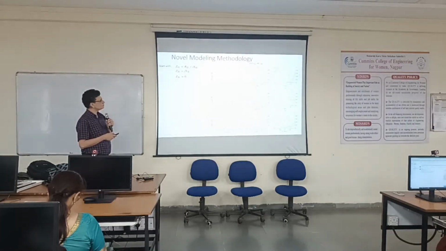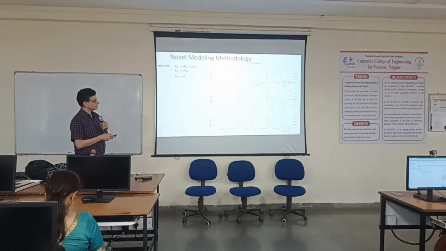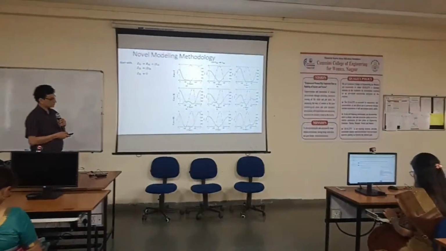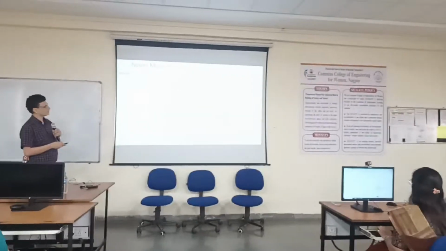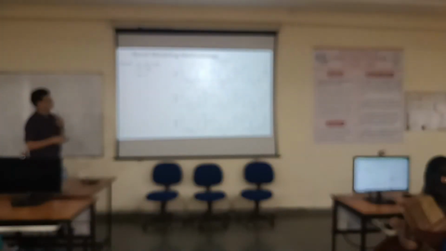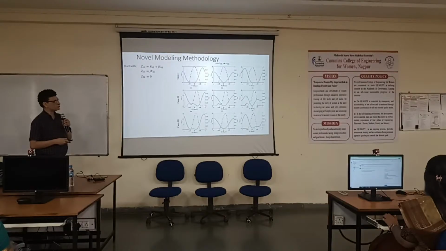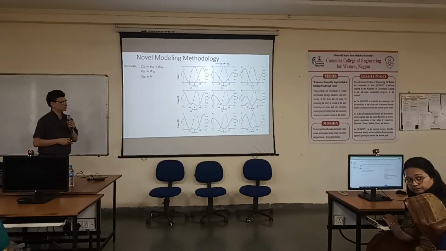Once we do this and write down the equations, we get this kind of curves. So this is case 1. This is for a simple resistive load. This is for an inductive load. This is for a capacitive load.